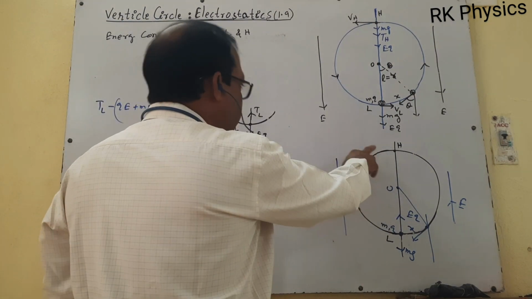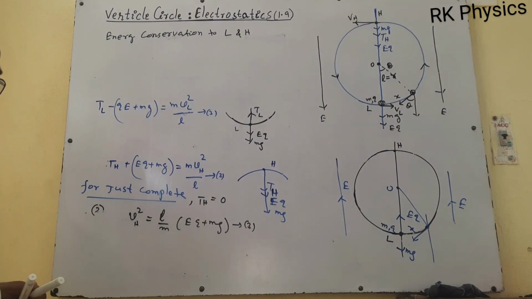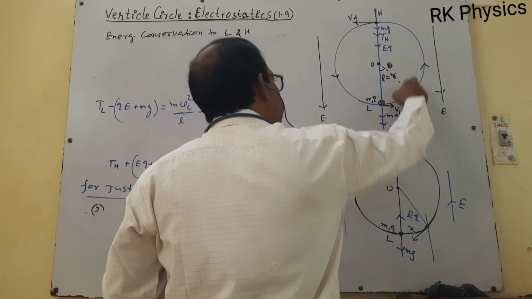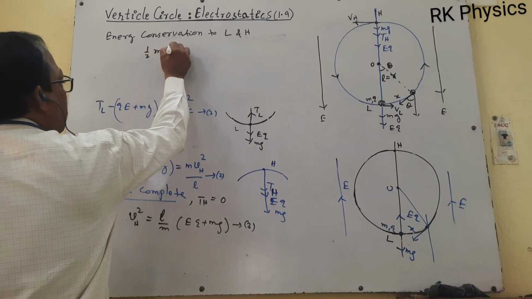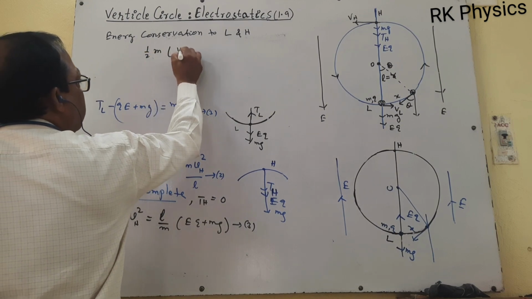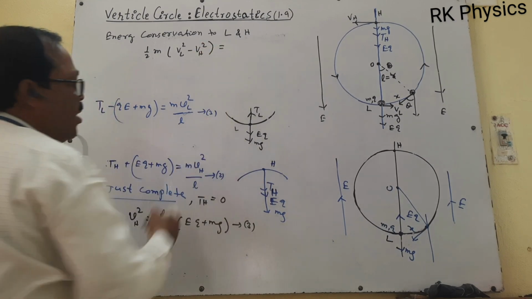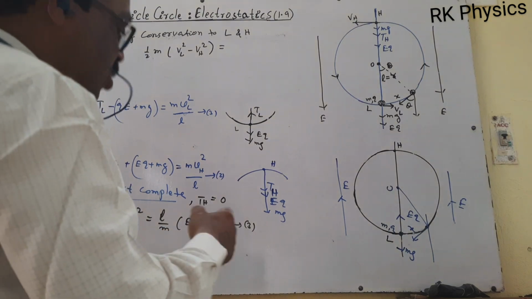At the highest point, the energy is half m VH square. Therefore, when the object moves from this point to that point, the kinetic energy lost is half m (VL square minus VH square). This is the energy lost by the particle when it is moving.